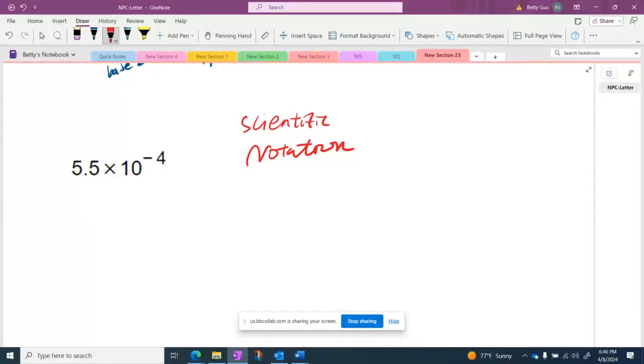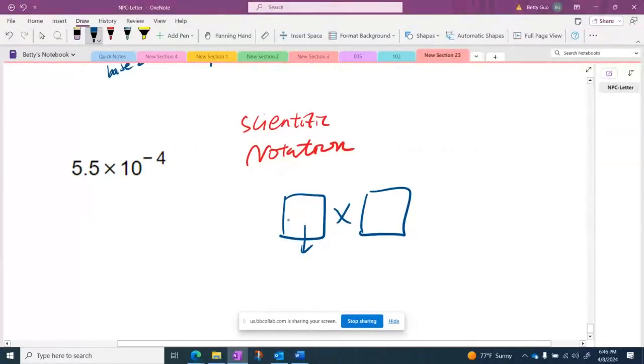First, let me demonstrate the look of scientific notation. It looks like this. A box times a box, it has two parts multiplied together. The first part is a number, and the number has to be bigger than or equal to 1 and strictly less than 10. By the way, this is not x, this is a multiplication symbol.